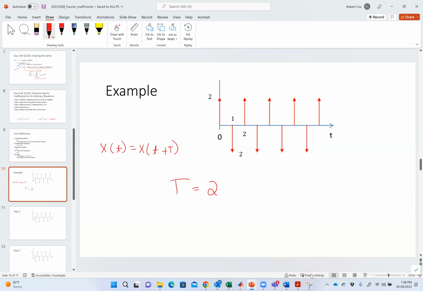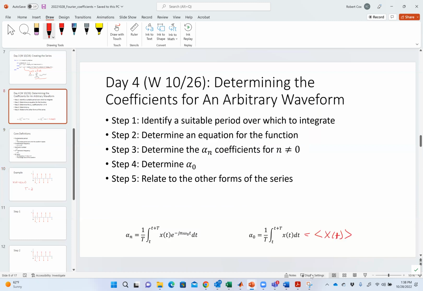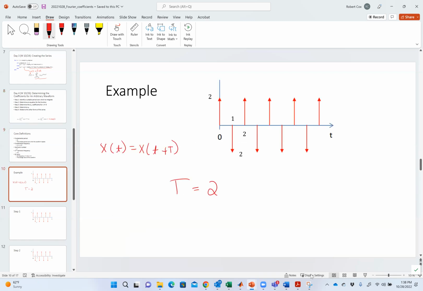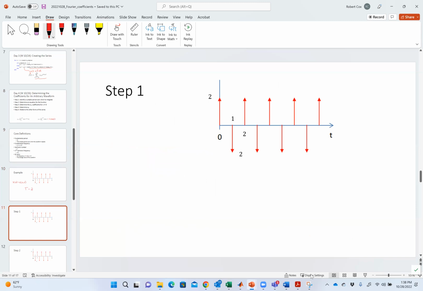Okay, so let's go through our process again. Step 1, identify a suitable period over which to integrate. So T equals 2, and alpha n, we said, is 1 over T, integral from t to t plus capital T, x of t, e to the negative j n omega naught t, dt.